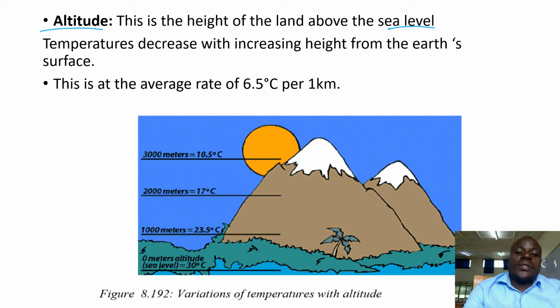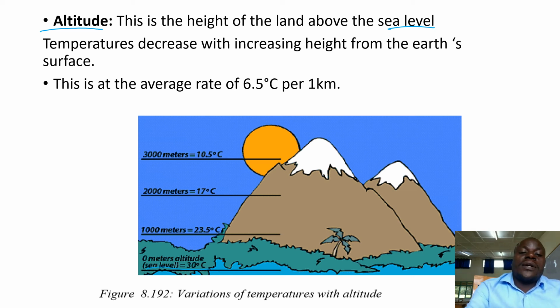We can use this illustration. If, for example, you are standing on the ground level at, for example, 1,000 meters high, temperatures are 23.5 degrees Celsius.